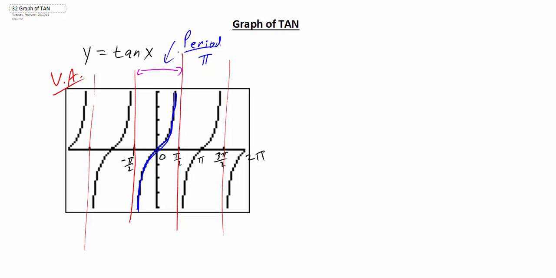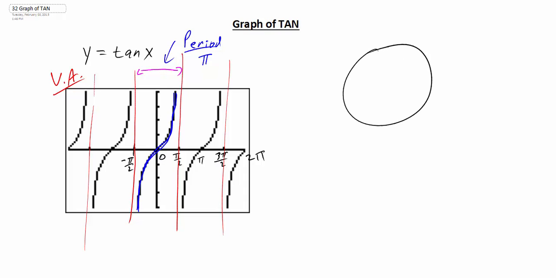That's half of the period of what we had for the sine and cosine functions, where the period was equal to 2 pi. So the tangent function is going to repeat after a shorter period, in this case simply pi. And why is that the case?